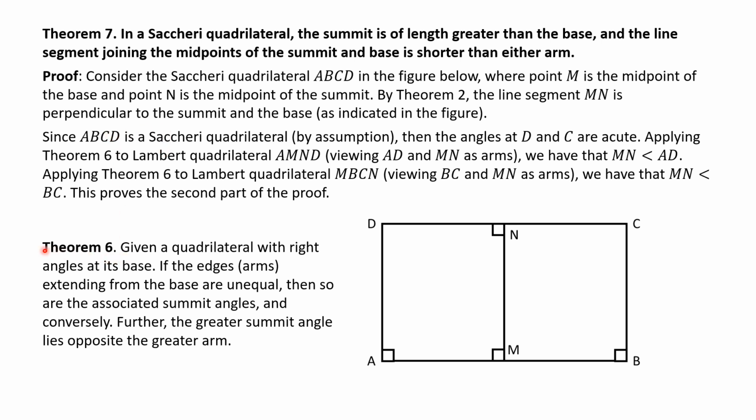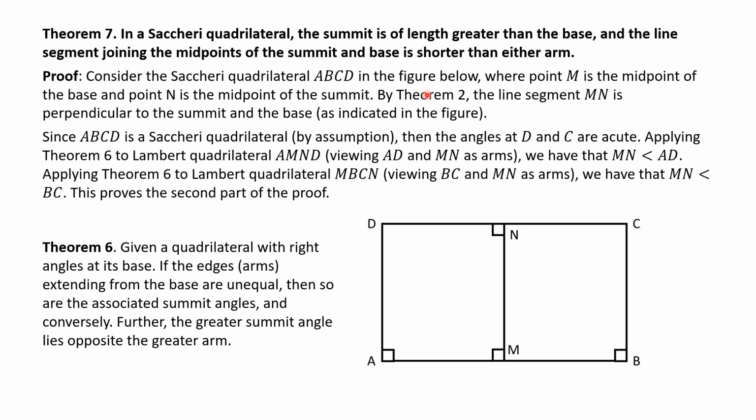We're going to make use of theorem 6 from the previous lesson, which I just copied down here for our reference. So consider the Saccheri quadrilateral ADBC in the figure below, which I've already pointed to once, where M is the midpoint of AB and N is the midpoint of DC.